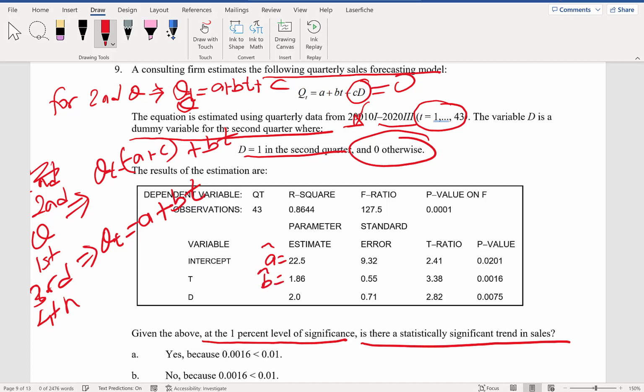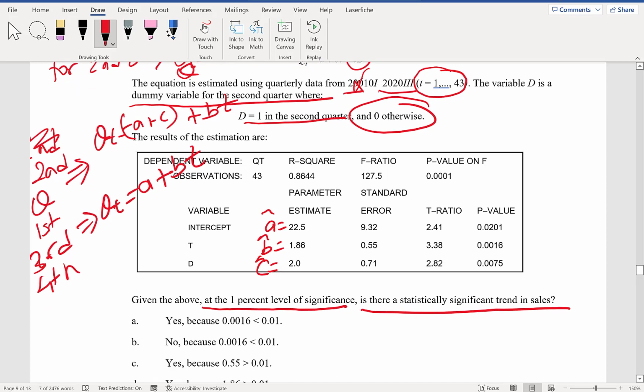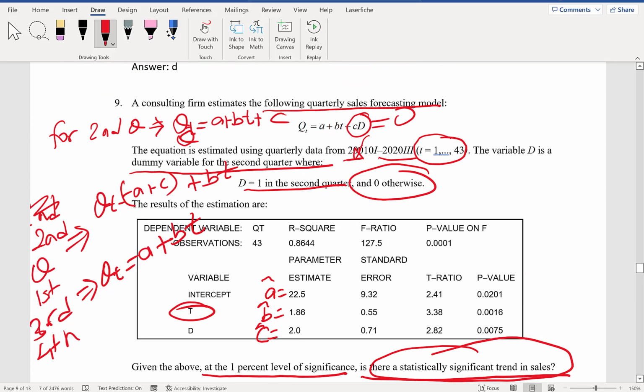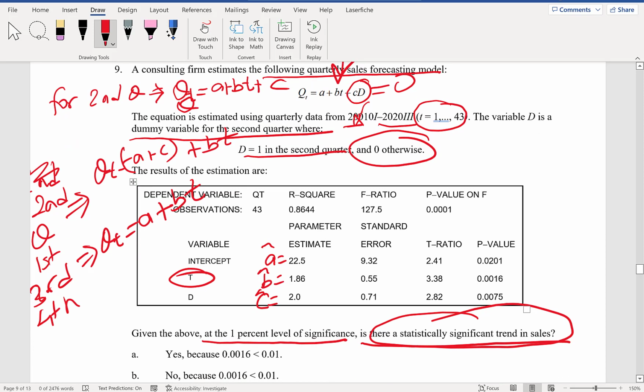And D is the coefficient, this is C hat, the coefficient estimate of the dummy variable for the second quarter. Is there a time trend? We're going to see if there is a statistically significant trend in sales. We focus on this T. When I see T, it's that one. There are some inconsistencies in terms of naming. It doesn't matter, it's that one.